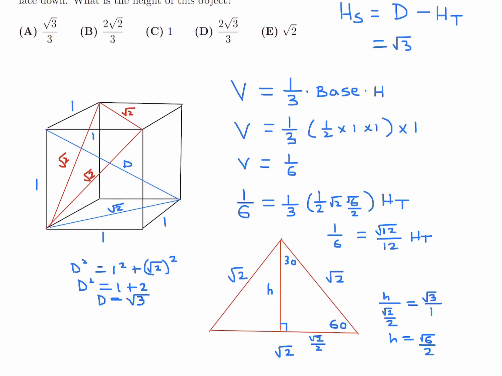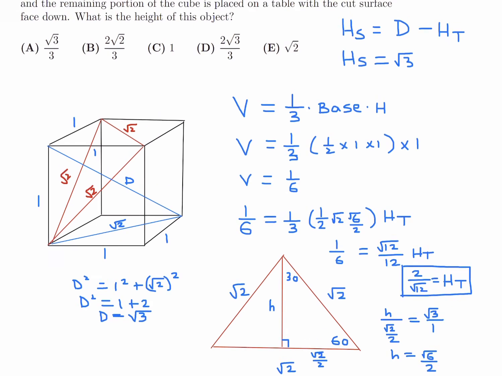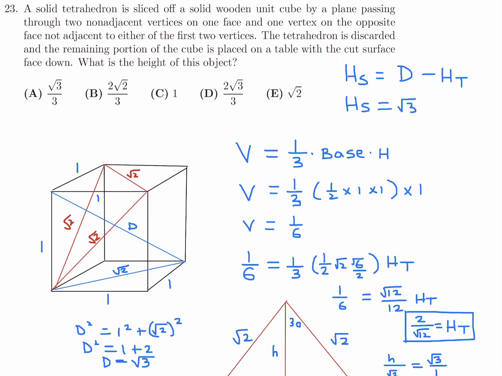All right. So now we just have to do a little bit of algebra. And if you isolate for HT, you will get 2 over root 12. And there we go. That's the last piece of the puzzle we needed to figure out our HS, which is the height of that object.